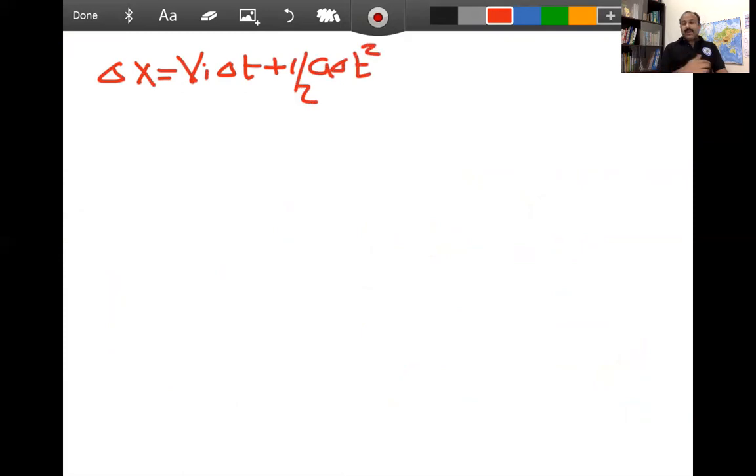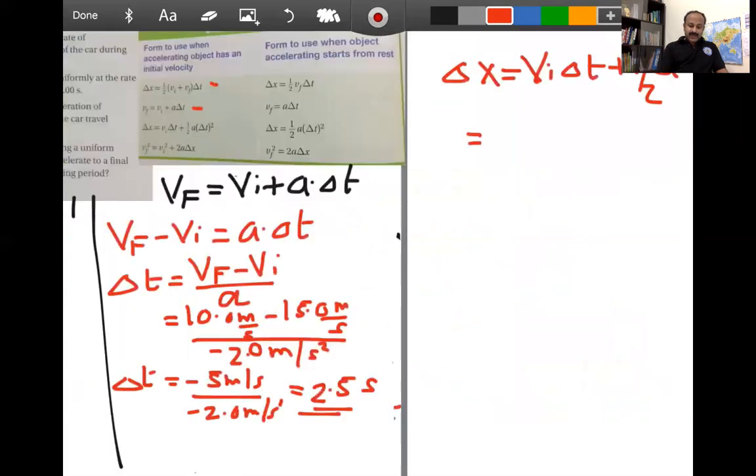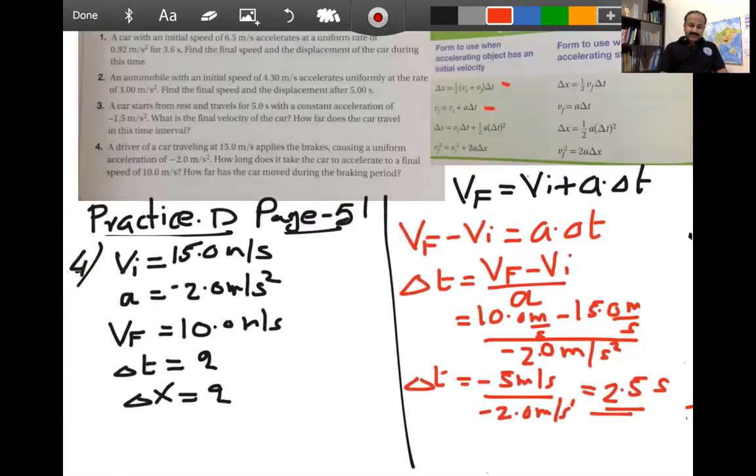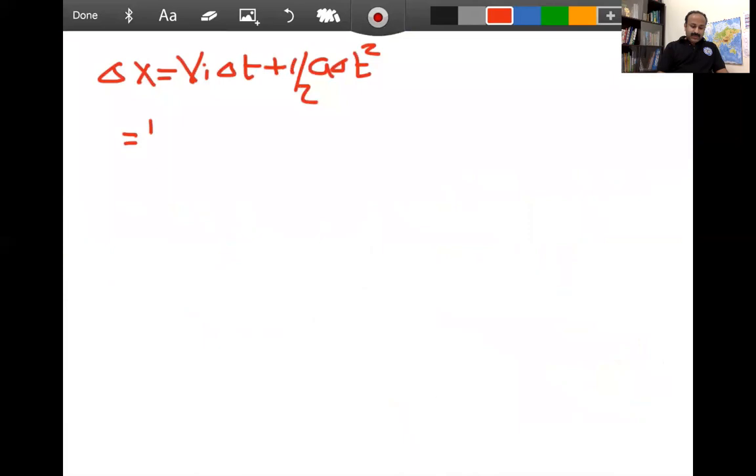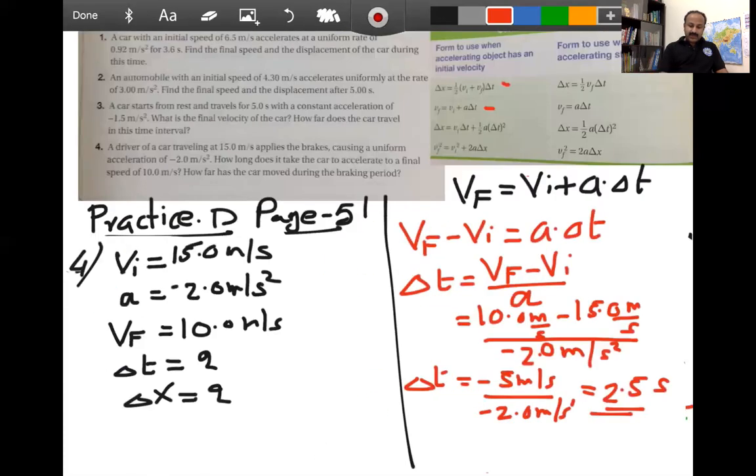Or you can use delta x is equal to half into Vi plus Vf into delta t. Both will give you the same answer. So that's equal to, what was the value of Vi? Vi is 15. So 15.0 times delta t, which we just calculated, 2.5 seconds.